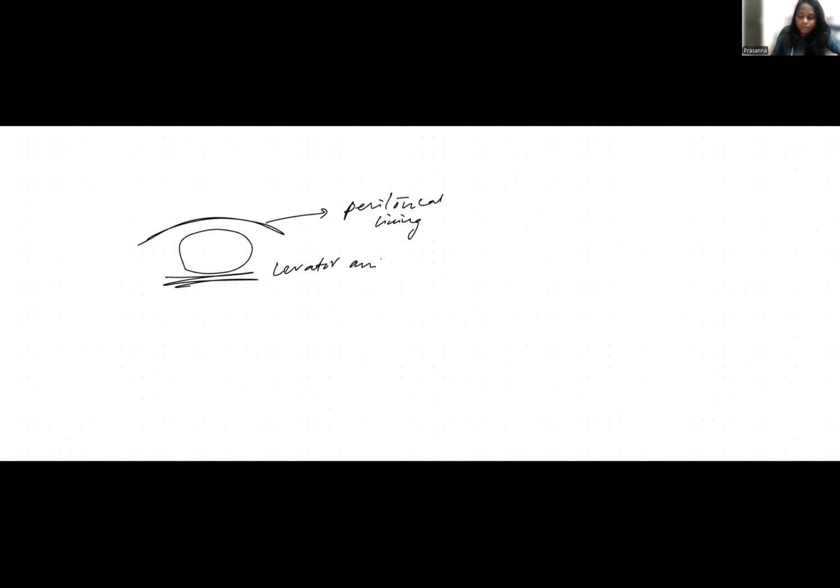So first we learn about the pararectal space. On the rectum side, the space is known as the pararectal space.